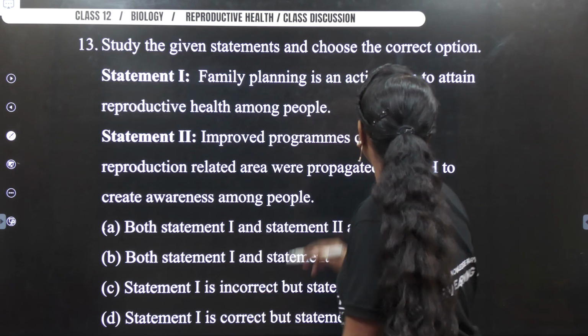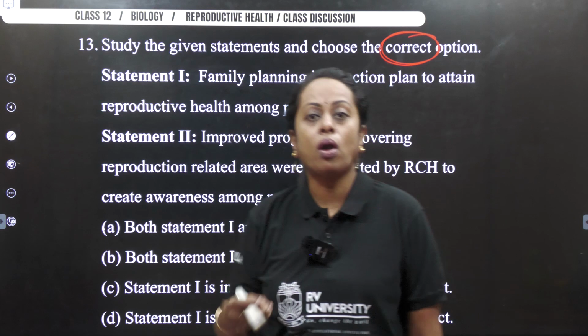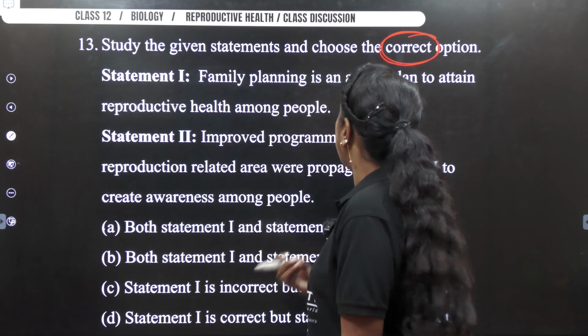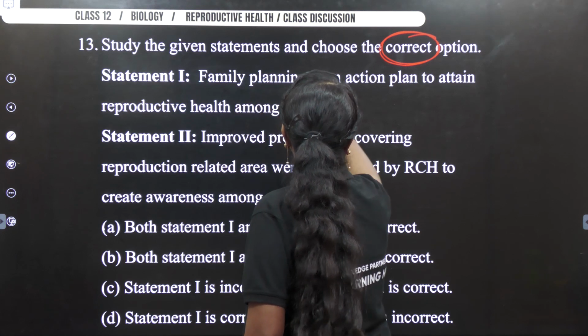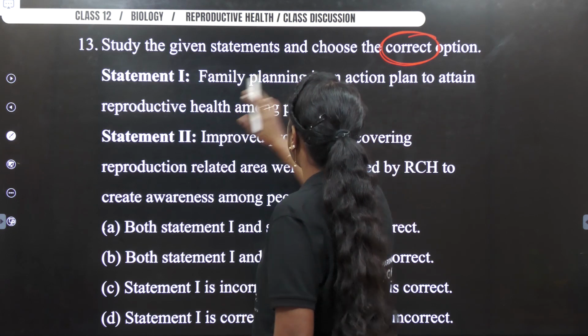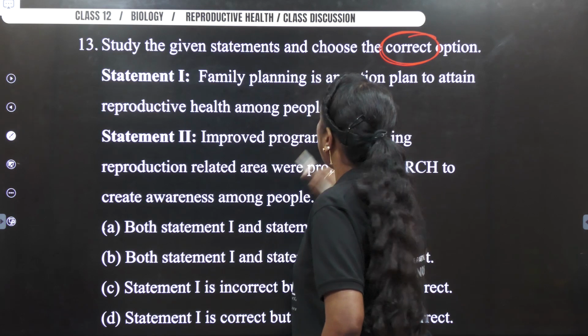Now, let's see the next question. Study the given statements and choose the correct option. Statement 1: Family planning is an action plan to attain reproductive health among the people. Now, what do you say? It is definitely correct.